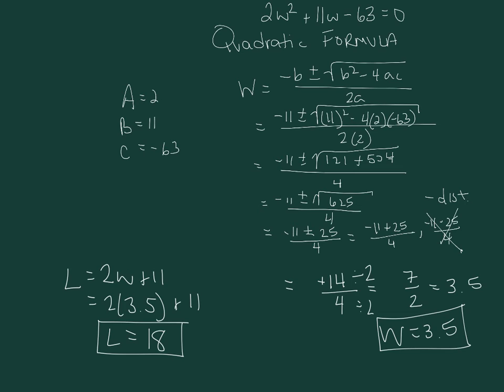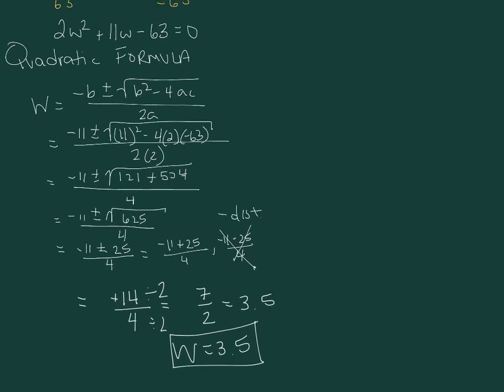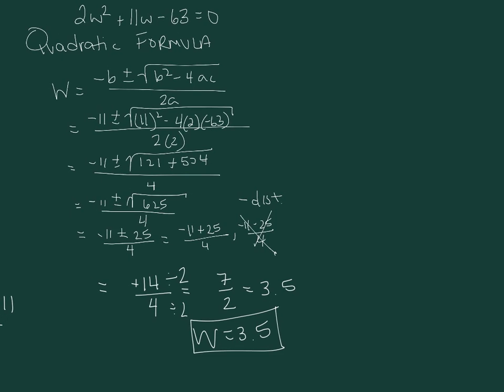You could have also done a factoring process on this one. Okay? So I'm just going to slide this to the side here, and rather than using quadratic formula, you could have factored. Sorry about that.